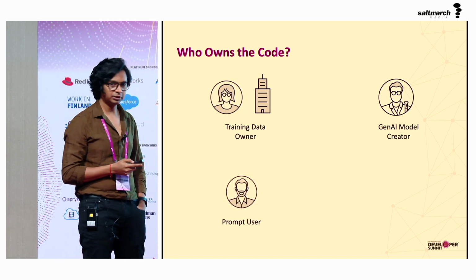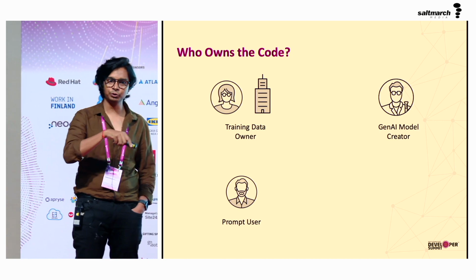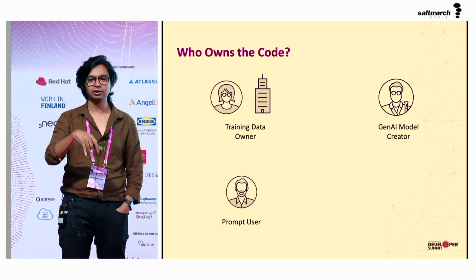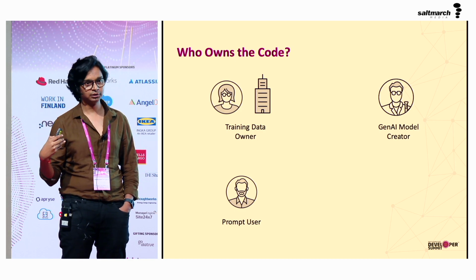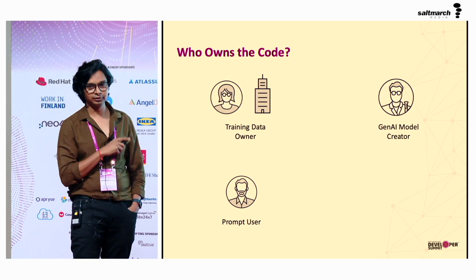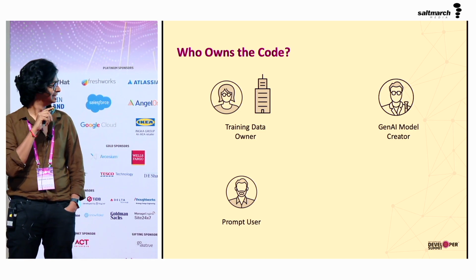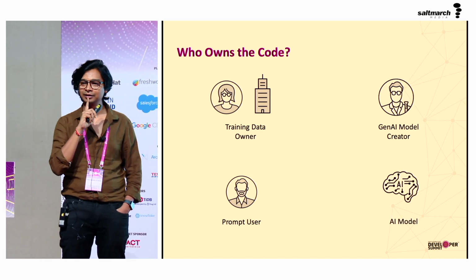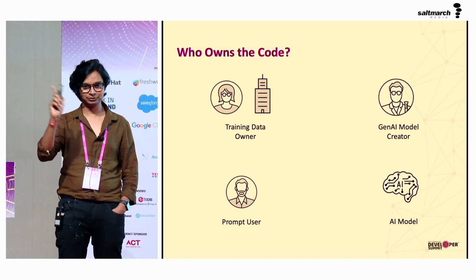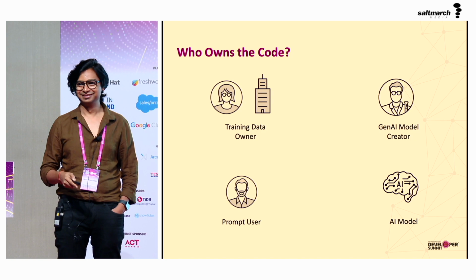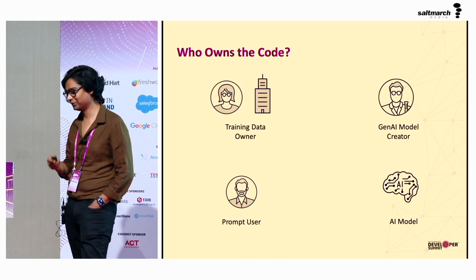How many of you think that the prompt user, the person who actually made the effort to write the prompt and generate the output, owns the code? And how many of you think that the model itself owns the code? No individual, the machine. Yeah, we have a couple of hands raised.